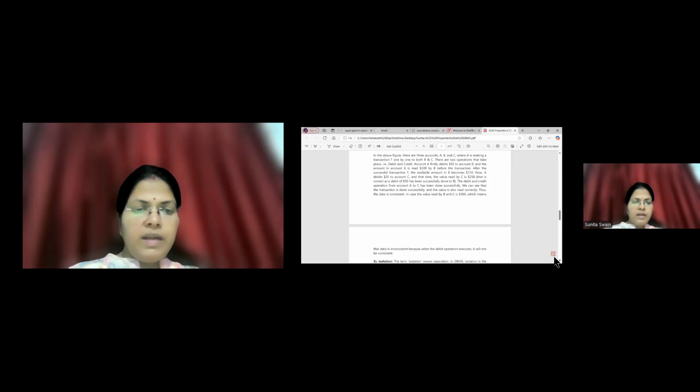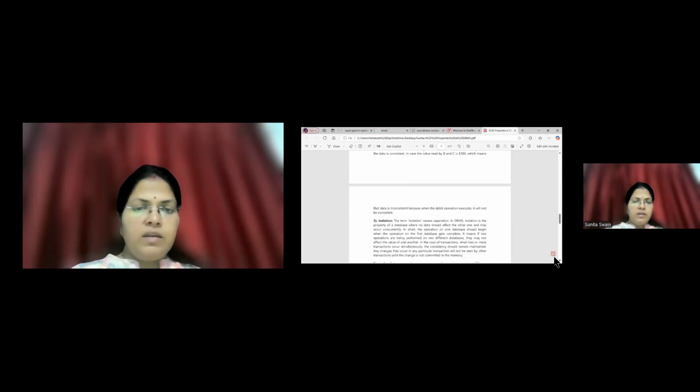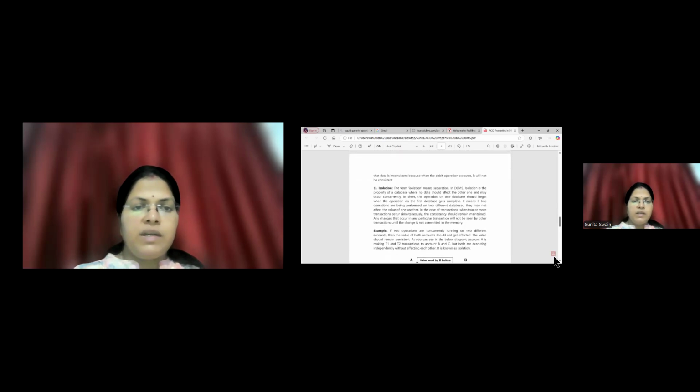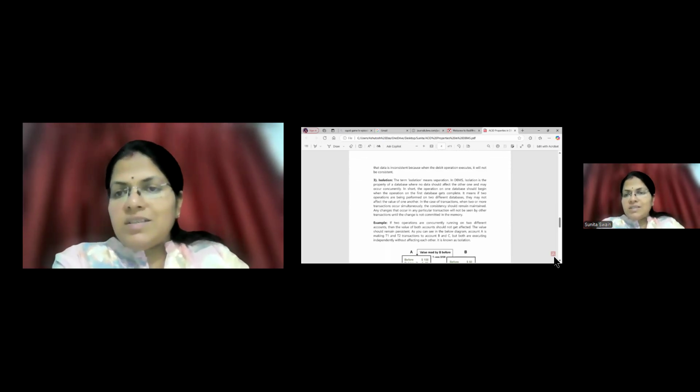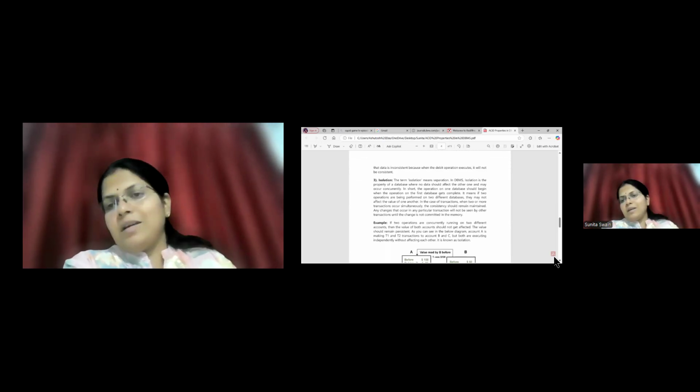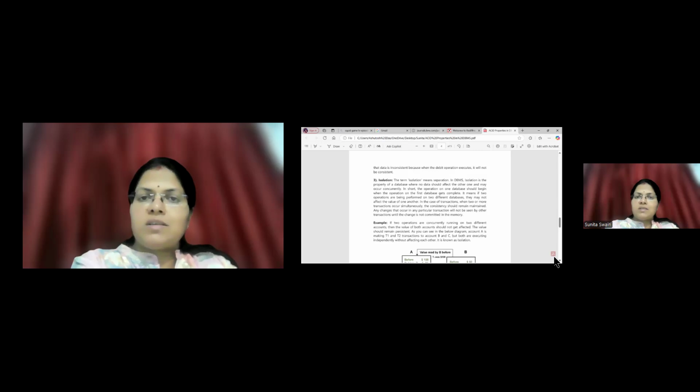So the data is inconsistent when the debit operation executes and the credit does not. Whatever operation we are making, according to the actual purpose of using a database management system, our actual purpose is to make the particular transaction successful. Obviously, the request has been processed.